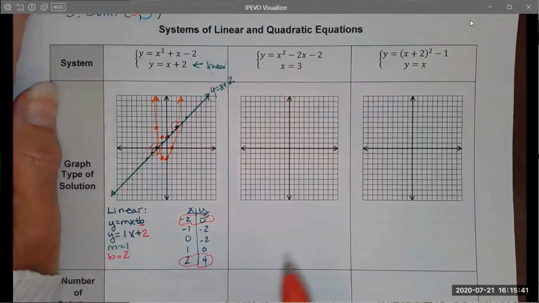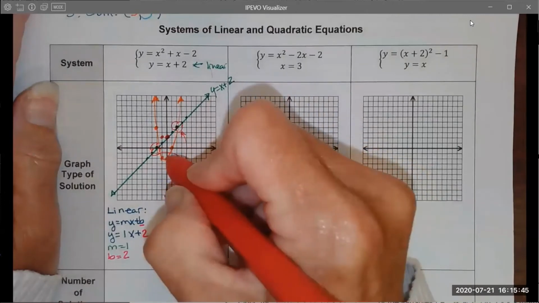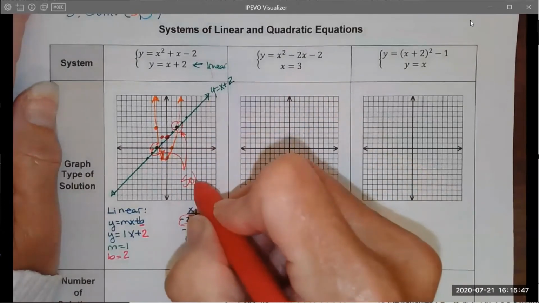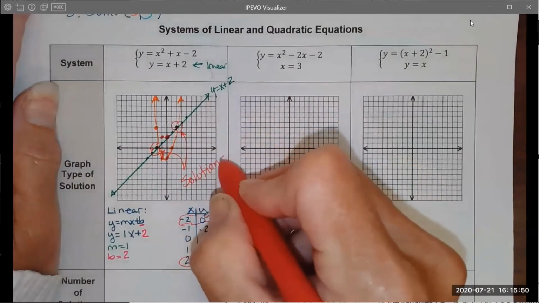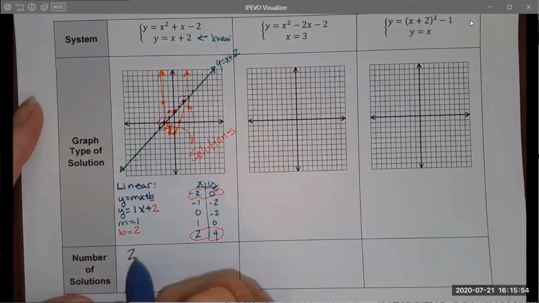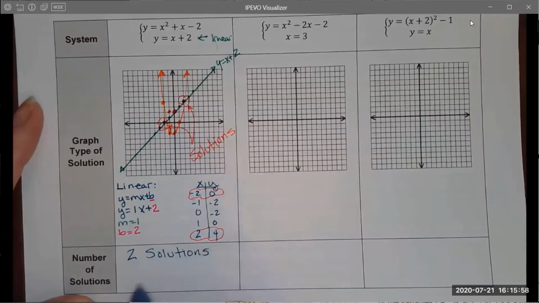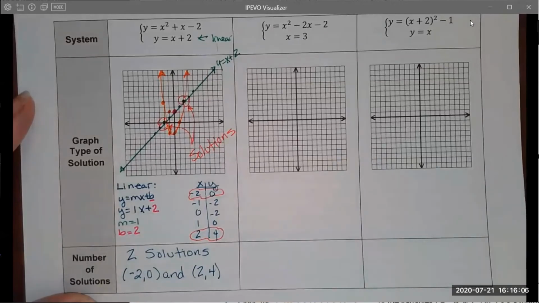So those are my 2 solutions. Sorry, there's lots of things going on here. In this particular case there are two solutions, and I would want to list those out. Those are (-2, 0) and (2, 4).